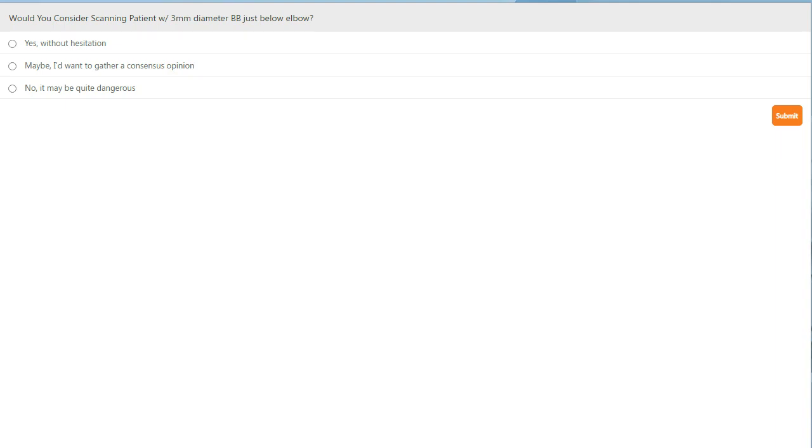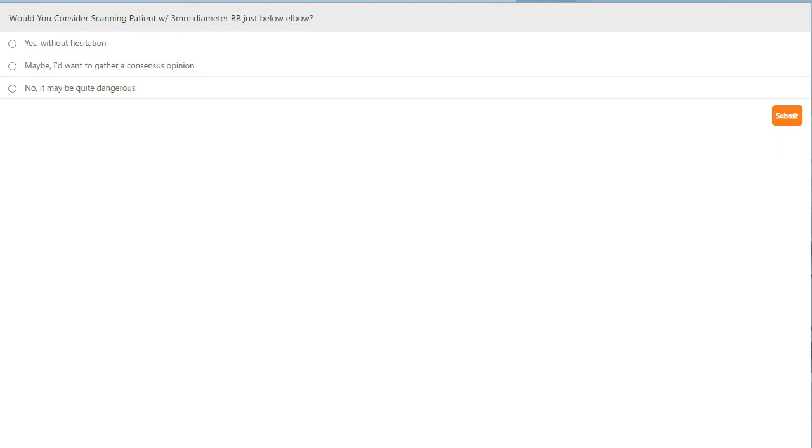Or the third option, no, this is an unidentified, unlabeled foreign body inside the patient. No, I would not consider scanning this patient because it's a foreign body. Click the radio button that most closely corresponds with your answer. Make sure you hit the submit button. And 3, 2, 1, moving on.